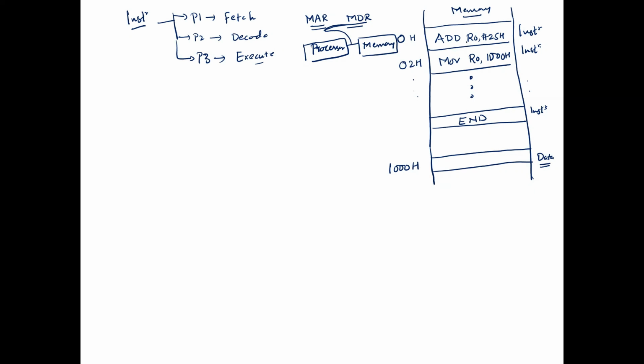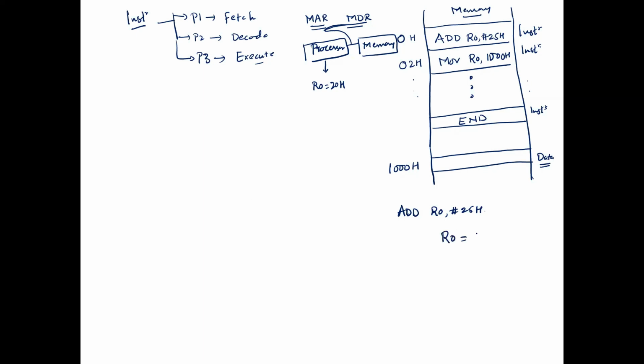It is very simple. It will add the content of R0. Say in a processor, we have the R0 register as 20H, right? Now the first instruction says add R0 comma hash 25H.